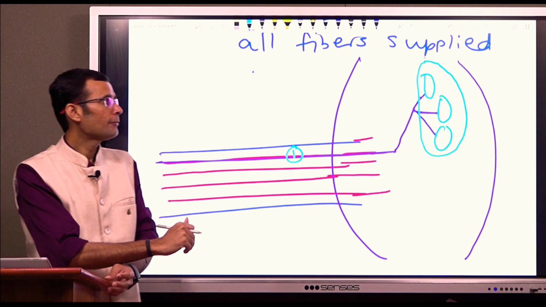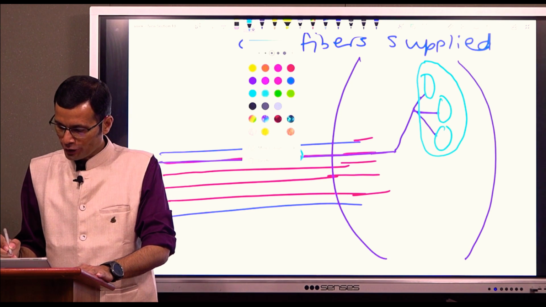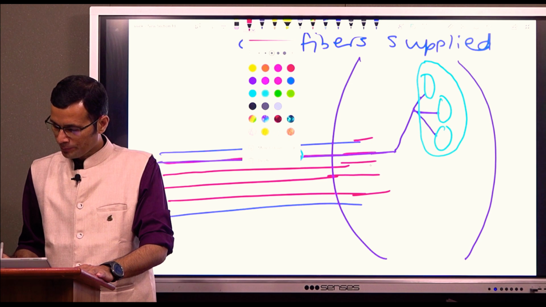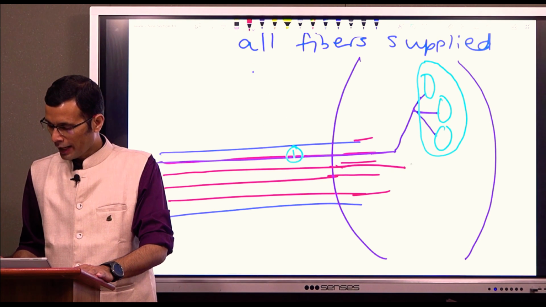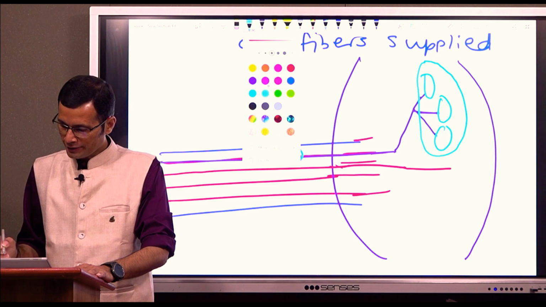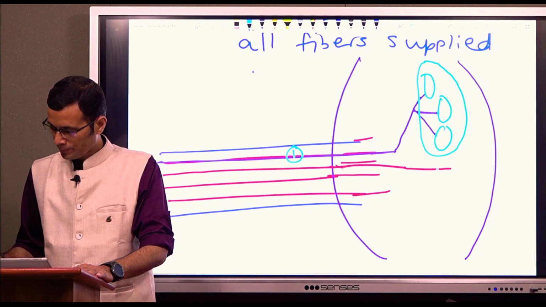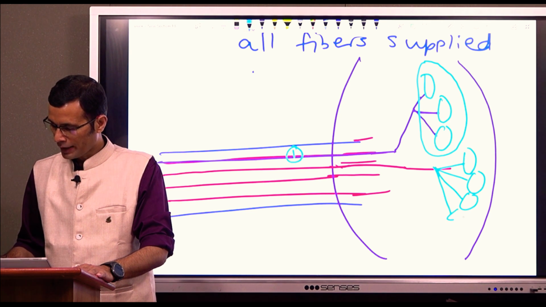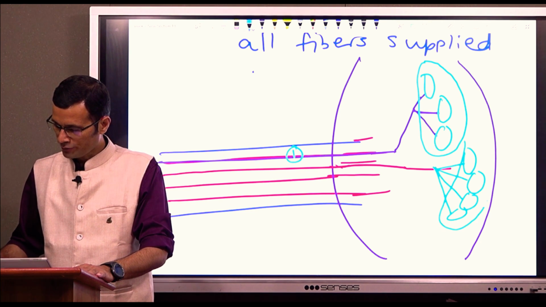Now, let me explain. Let's just first draw all the motor units in this muscle. This is another axon or another nerve fiber. Its branches, let's say 4 muscle fibers were supplied by 4 branches of that axon.